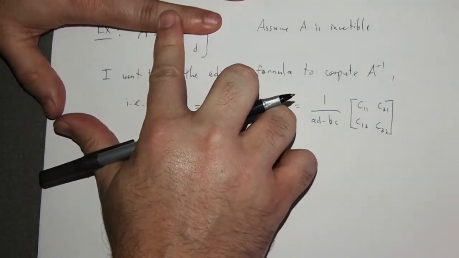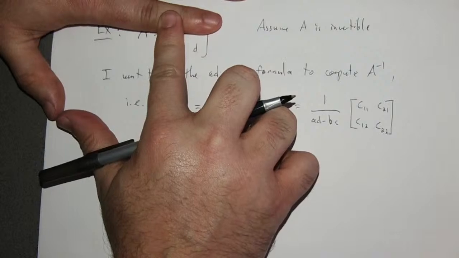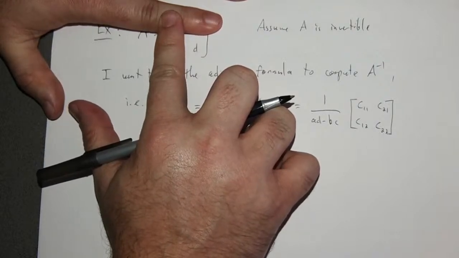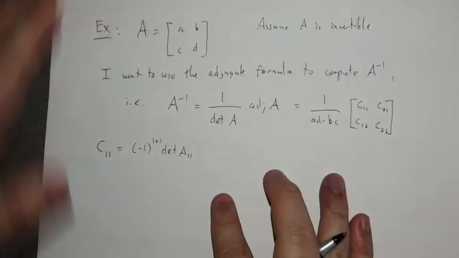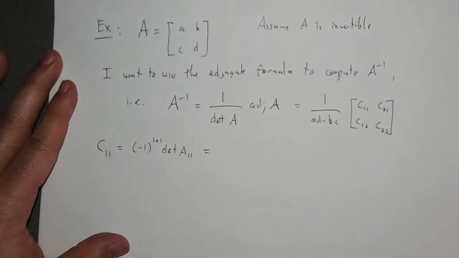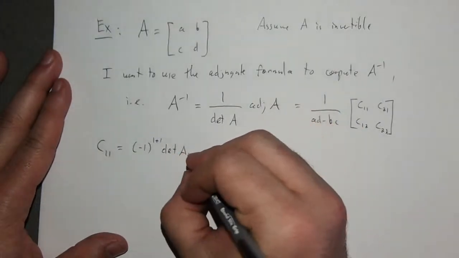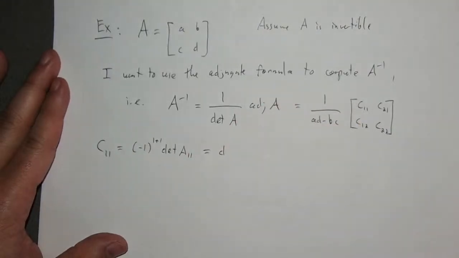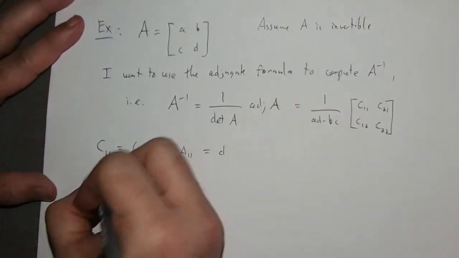That is the 1 by 1 matrix D. What's the determinant of a 1 by 1 matrix? It's just the number itself, D. So minus 1 to the 1 plus 1 is 1, times D. That's just D.